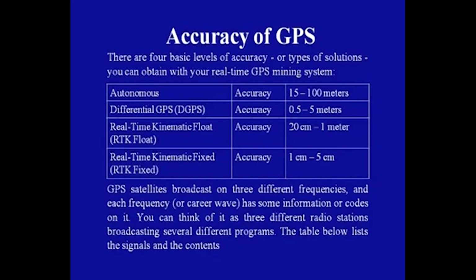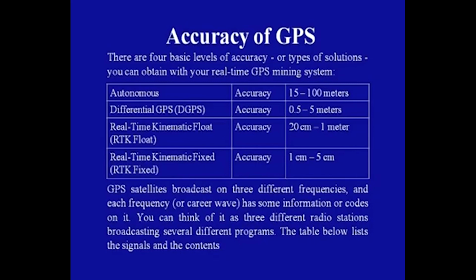Differential GPS is very accurate and it can provide accuracy of the order of 0.5 to 5 meters. Real time kinematic float can provide 20 centimeter to 1 meter accuracy. Real time kinematic fix can provide 1 centimeter to 5 centimeter accuracy.